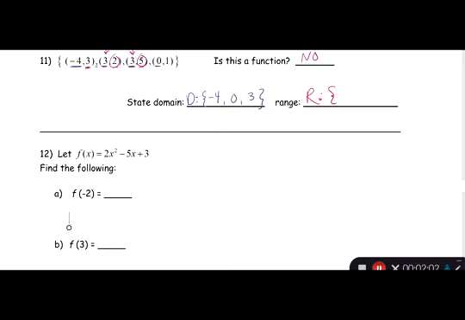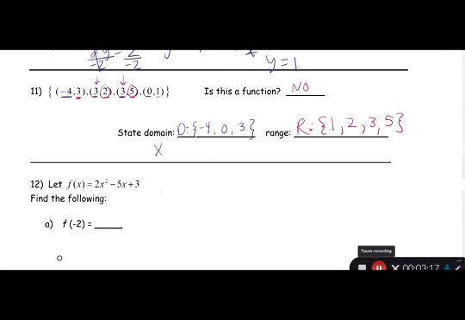So we have 3, 2, 5, and 1. Okay. All the values of x for the domain and all the y values for the range, but only list values once. Even if it shows up twice, you only put it once.